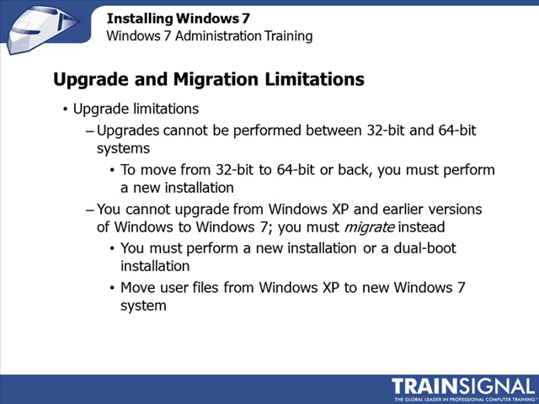You might buy a brand new system for Windows 7, or you may install in a dual boot configuration where you install an additional Windows 7 partition on your system side by side with your Windows XP partition. In either case, it's still a brand new installation of Windows, even if it's not on brand new hardware. Once you have that new installation of Windows 7 up and running, you have to move the user files from Windows XP to the new Windows 7 system, and we'll be talking about how to do that particular user file migration later in this lesson.